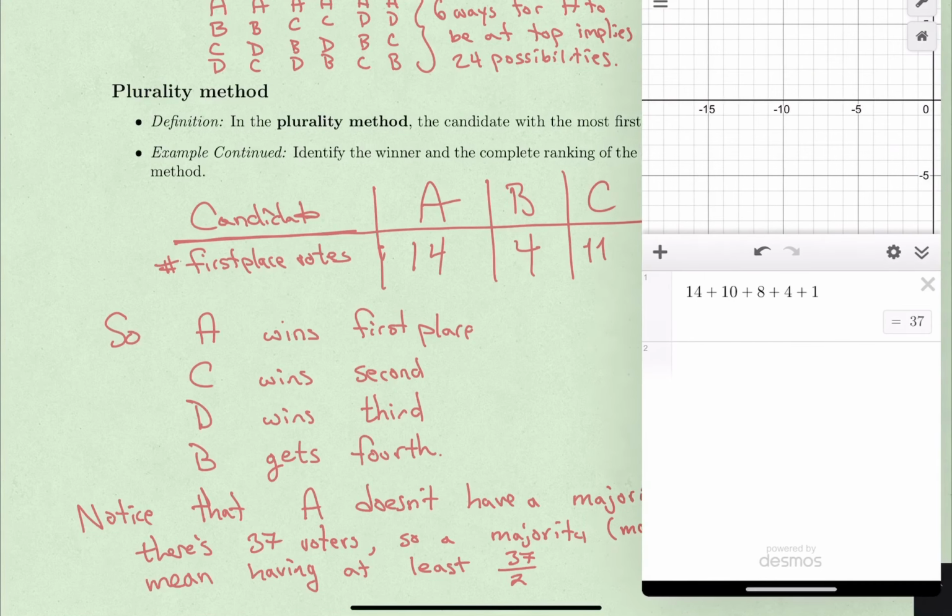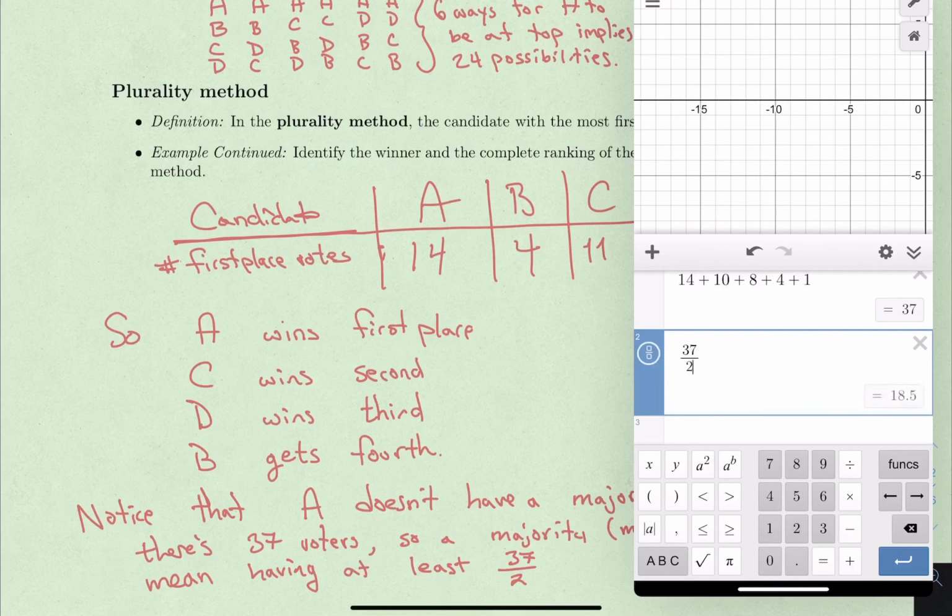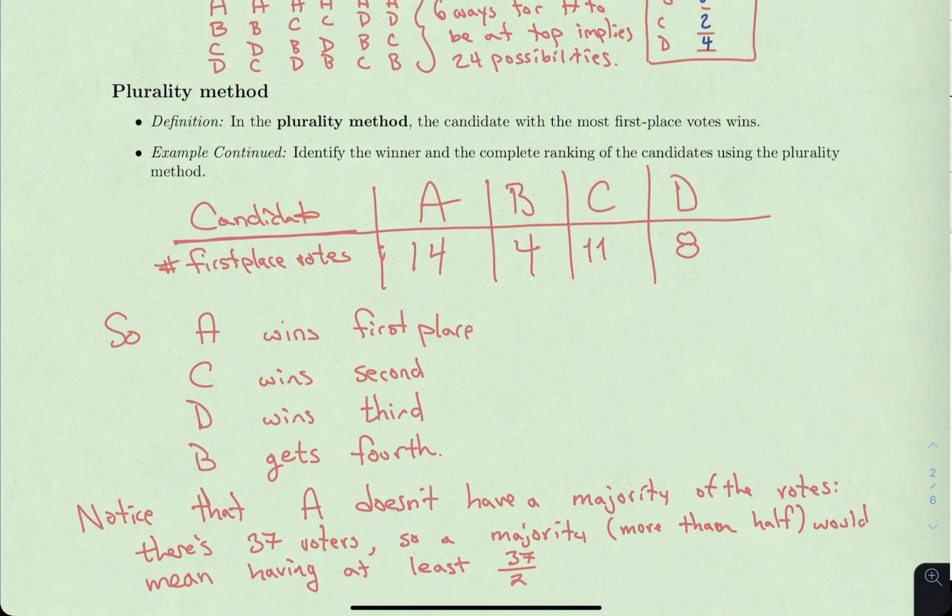So you can just look at 37 divided by 2. 18 and a half. At least 18 and a half votes. Which means having 19 or more.